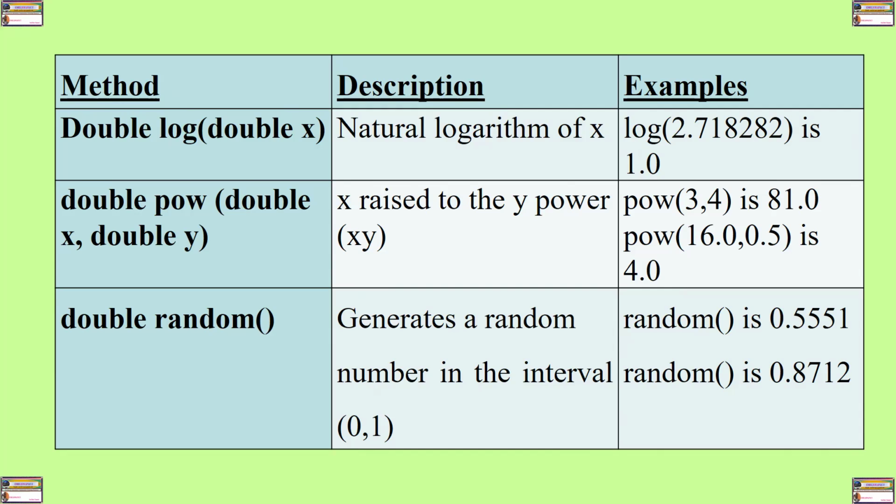We can also use a method that is able to generate a random number within a certain interval, and therefore we need to specify that interval. For example, 0, 1. If you use the method random within our code, random is going to generate a random value.